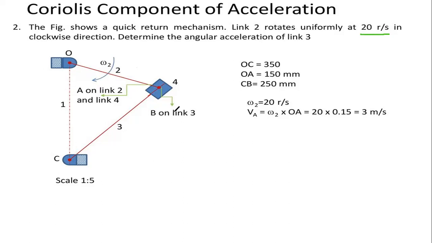In this mechanism, the first link is fixed, the second is link 2, and this is link 3. Determine the angular acceleration of link 3. So we have to find the angular acceleration of link 3.